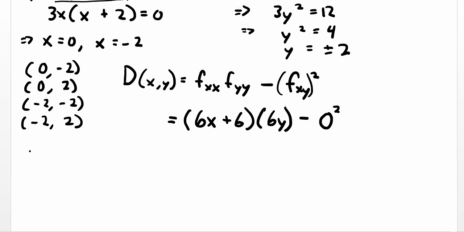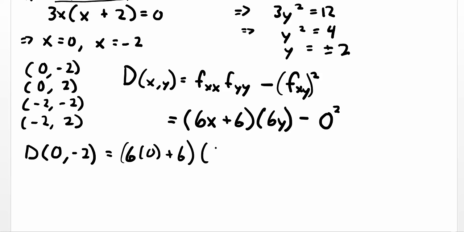So now we can evaluate the discriminant at each critical point, one by one. The discriminant at 0, negative 2 is 6 times 0 plus 6, times 6 times negative 2.